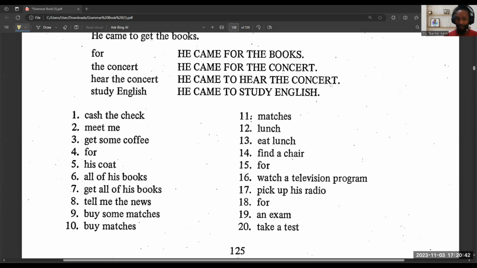His coat. He came for his coat. All of his books. He came for all of his books. Get all of his books. He came to get all of his books.